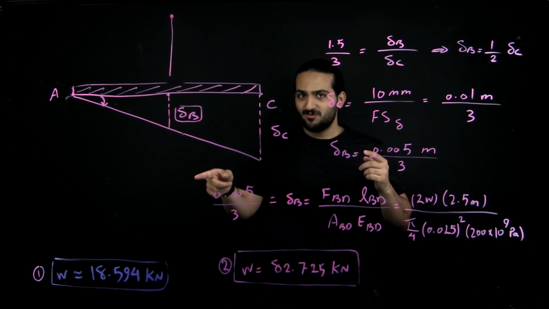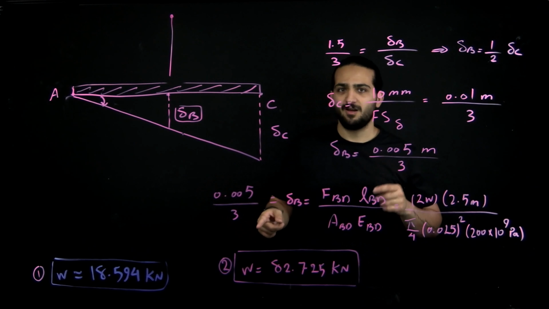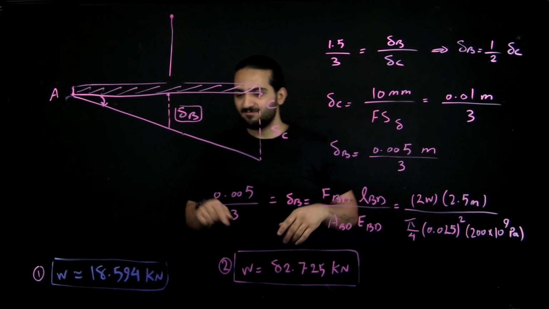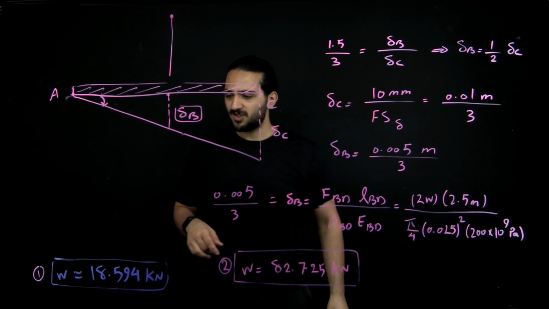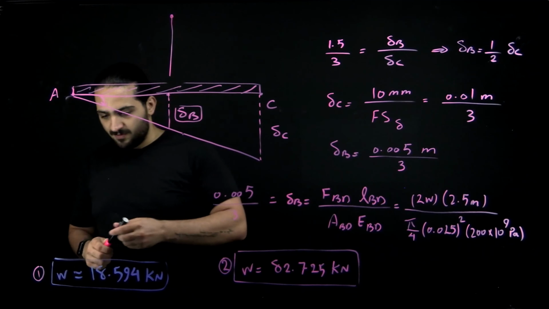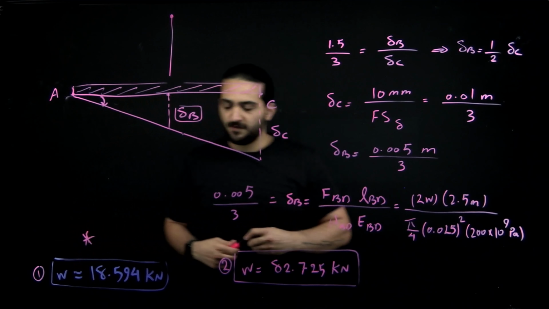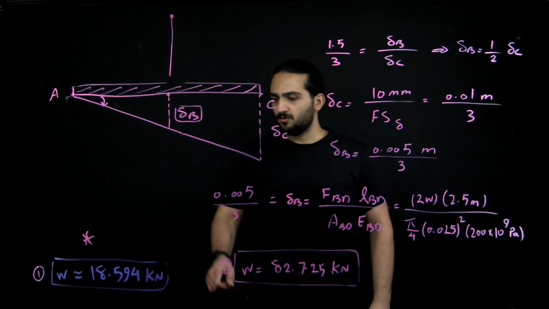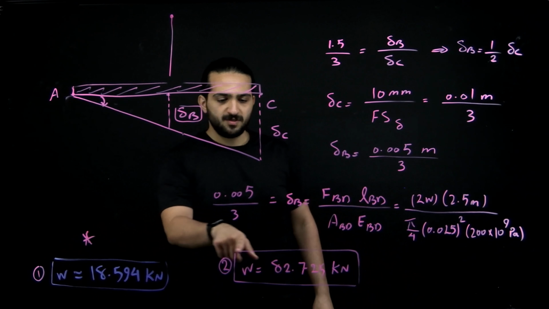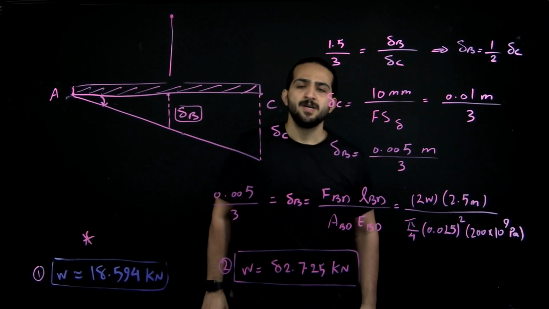So we have to drive with the minimum, which is 30 kilometers per hour. And this is a similar situation. So the answer of the question would be 18.59 kilonewtons. If we apply this load, the other condition would automatically be fulfilled.